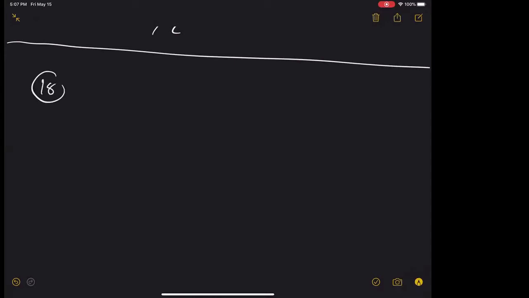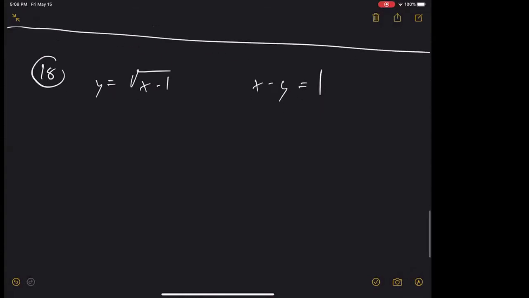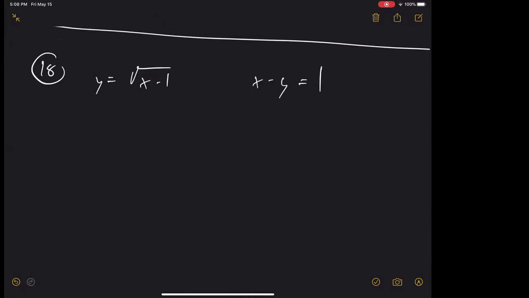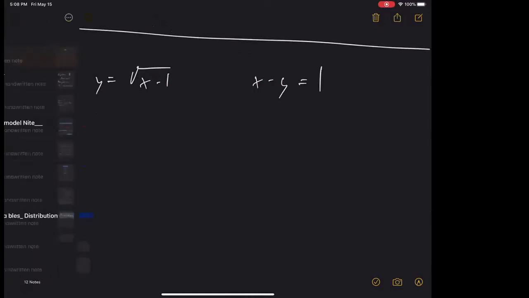Let's try number 18. We have y equals square root of x minus 1, and then x minus y equals 1. Same instructions: sketch the curves and then find the area enclosed.